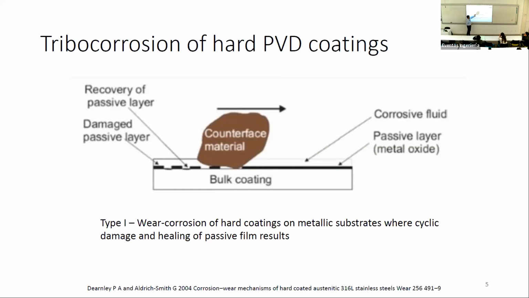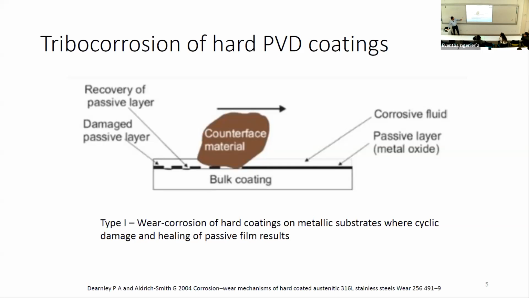But typically, this type of losses will be very small, okay, and if that will be the only mechanism operating, it will be typically a much better performance than the uncoated passive metals.